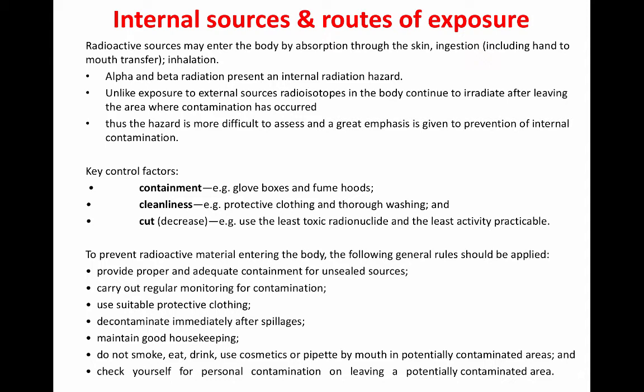To prevent radioactive material entering the body, the following general rules should be applied: provision of proper and adequate containment for unsealed sources, regular maintenance and monitoring for contamination, use of suitable PPE, decontamination immediately after spillages, maintenance of good housekeeping, no smoking, eating, drinking, or using cosmetics or pipettes by mouth in potentially contaminated areas, and checking yourself for personal contamination on leaving a potentially contaminated area.